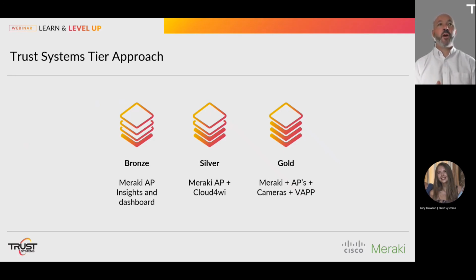Through working with our clients, we have delivered the bronze, silver, gold solution stack, and we're very happy to talk to you in further detail to understand and show the power of the Meraki ecosystem and how it can deliver back to your organisation enhanced value and, critically, customer analytics and insights.